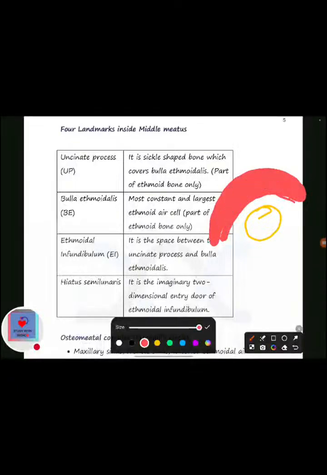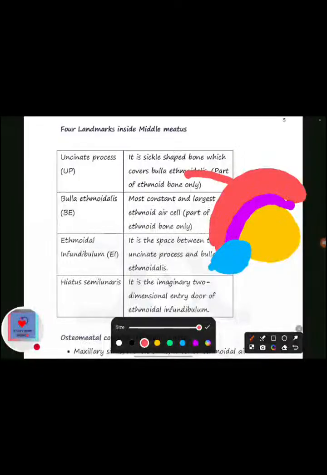This is the bulla ethmoidalis. And this space is called the ethmoidal infundibulum, and the door to that is called the hiatus semilunaris.